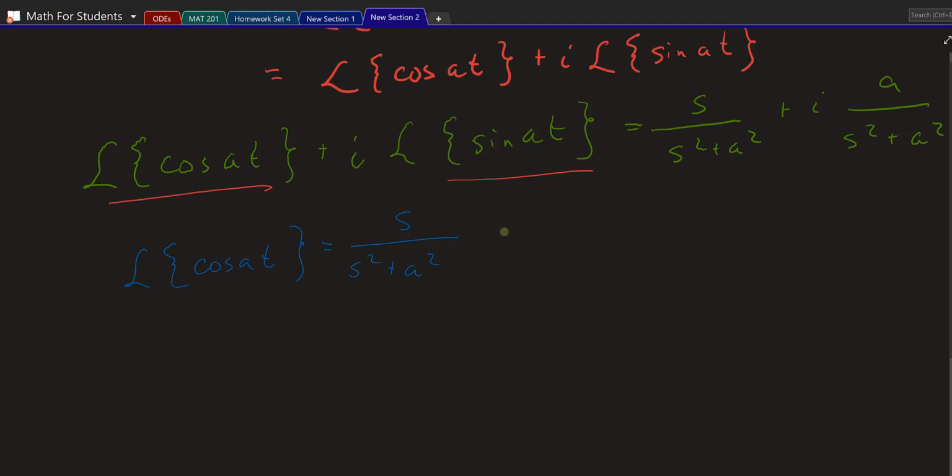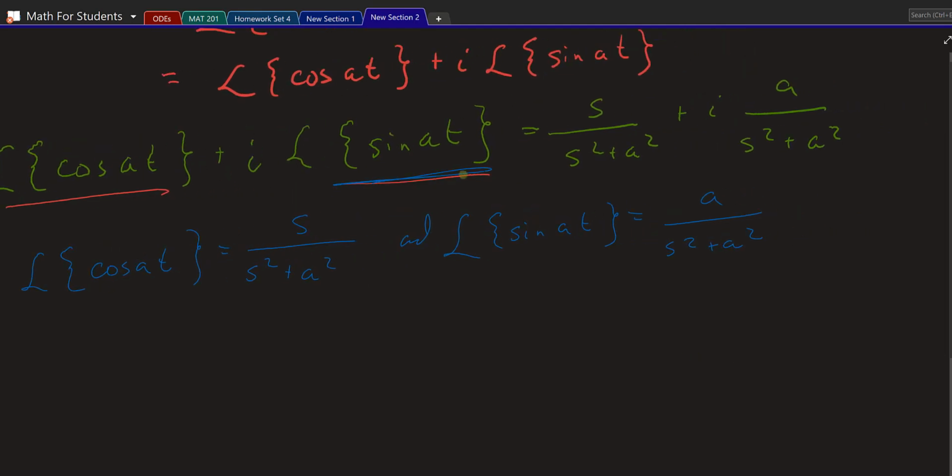And the Laplace transform of the sine of at is equal to a over s squared plus a squared, where I equated this Laplace transform to the imaginary part of our answer that we derived. So that gives us the Laplace transform of the cosine and the Laplace transform of the sine.